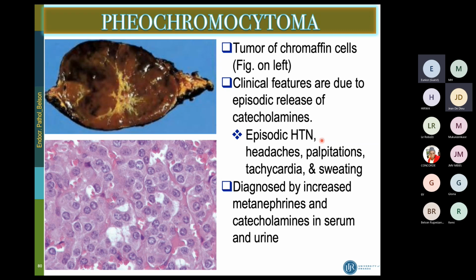So igihe cyose uzakeka ko umurwayi afite pheochromocytoma, ikintu cya mbere uzirinda ni ukumanipira iyo tumor, because as you touch it, za hormones zitangira kuba nyinshi, ziba released cyane, zikava muri tumor zikinjira mu maraso, ugasanga umuntu agize as a storm of adrenaline or noradrenaline.